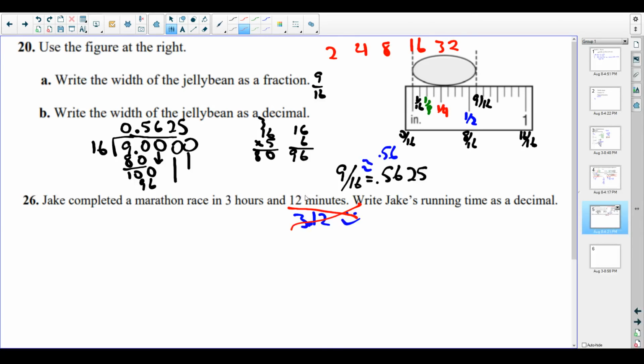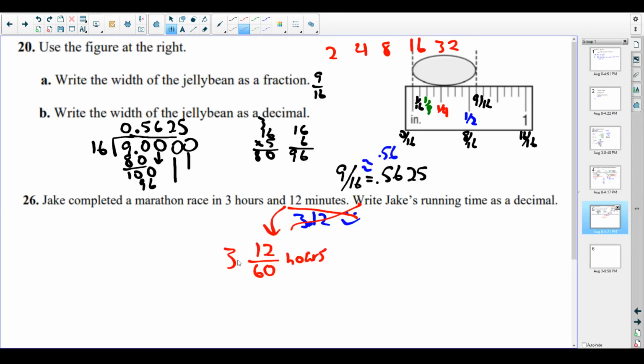Because if we're talking about minutes to hours, you have to figure out how many minutes are in 1 hour. And the answer is not 100. So we cannot call this 12 out of 100. This has to be 12 out of 60. Okay? So really, the time it took him to run the marathon was 3 and 12/60ths of an hour.